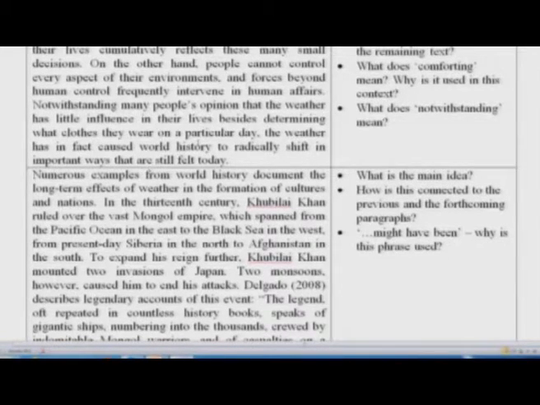So, this is a kind of top down approach. How is it connected with the remaining text? The first paragraph ends with a statement that weather has caused world history to radically shift. So, we expect there are going to be instances of this. Some keywords you can focus on while reading.